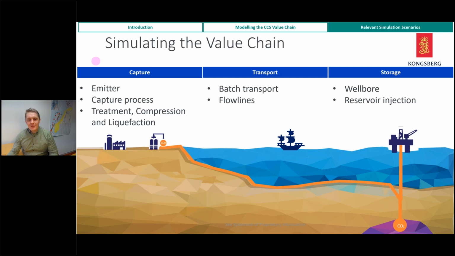Typically, the simulation scenarios happen at the interface between the emitter and the capture process, between the capture and treatment, but also between the capture site and the transport system, whatever that system is, and between, of course, the flow line and the reservoir. So the simulation scenarios are absolutely not limited to just within the capture site. It's also between the domains.